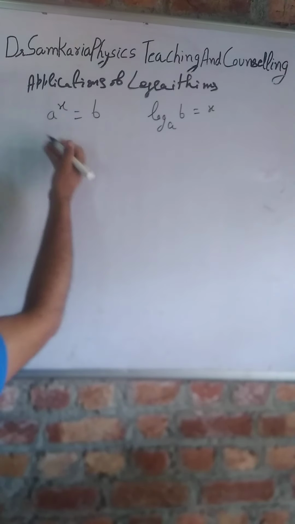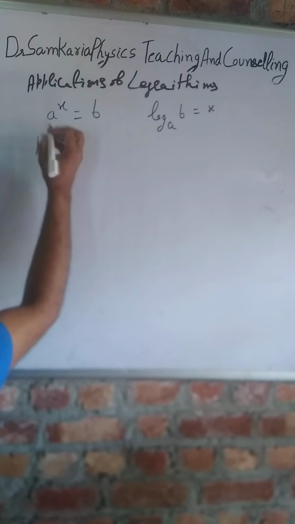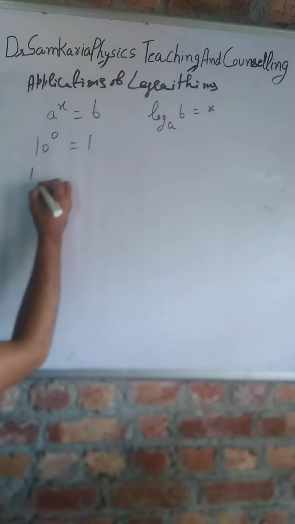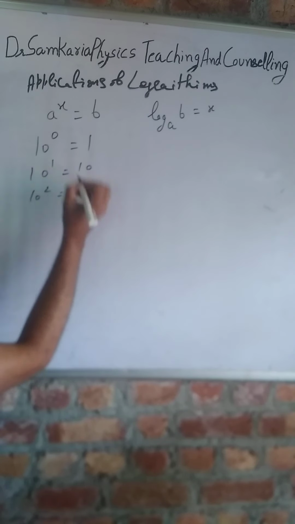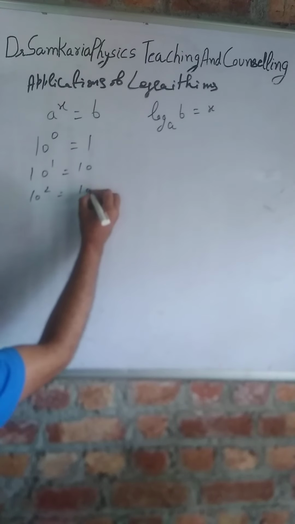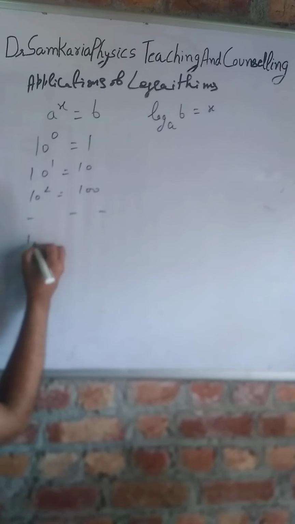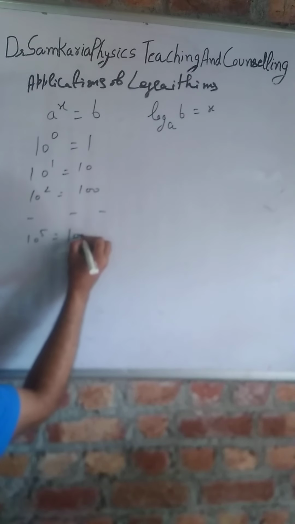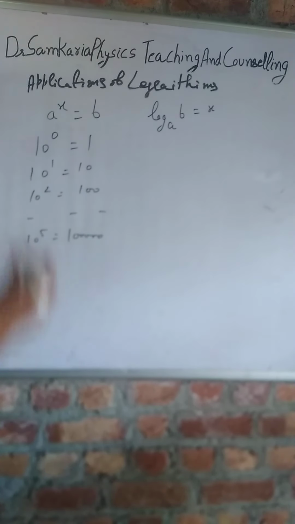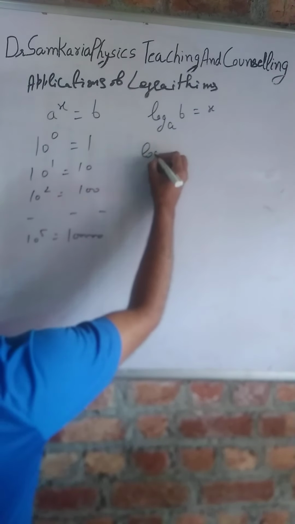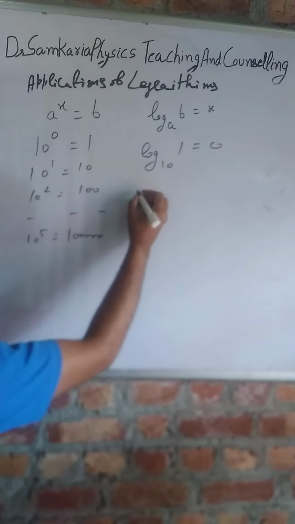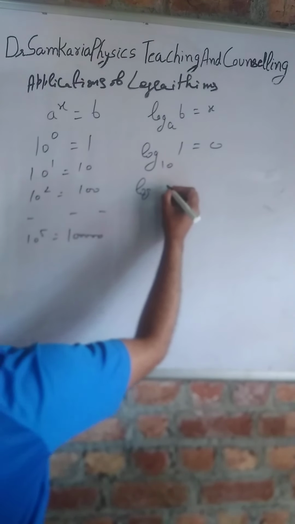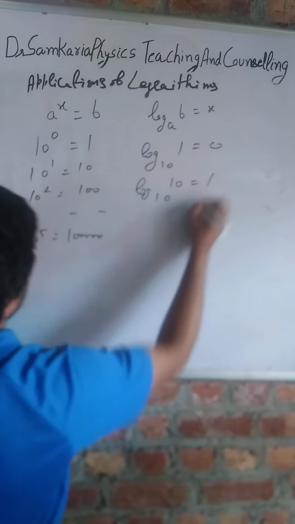In the powers of 10, I can write 10 to the power 0 is equal to 1, 10 to the power 1 is equal to 10, 10 to the power 2 is equal to 100, and so on. Similarly, 10 to the power 5 is equal to 1 followed by 5 zeros. Now, I can also write this in the equivalent logarithm form: log of 1 to the base 10 is equal to 0, log of 10 to the base 10 is equal to 1.